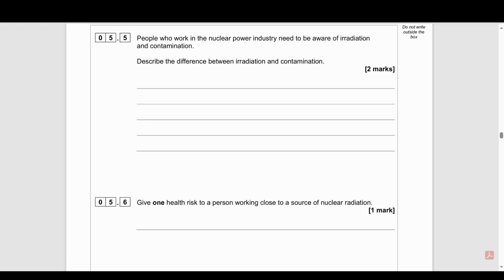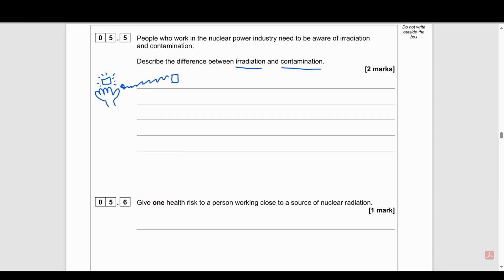So, a person can either come into contact with an object that is radioactive, or they can be exposed to an object which emits radiation. And that's the difference between these two terms here.